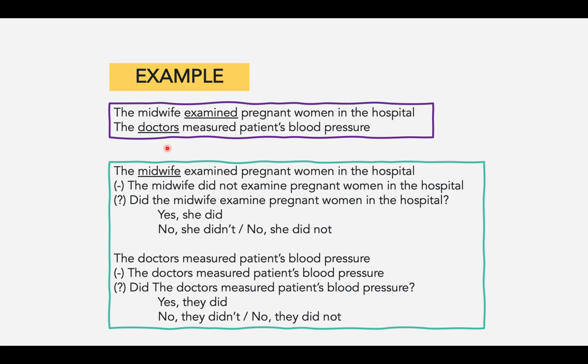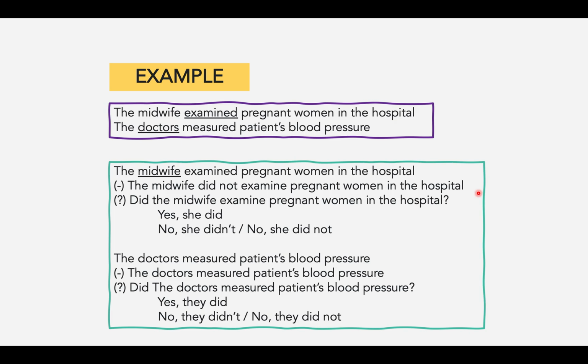What about if you want to change to be negative sentence? Look at this example. The midwife examined pregnant woman in the hospital, and the negative changes to be the midwife did not. You have to put did not. The midwife did not examine pregnant woman in the hospital.